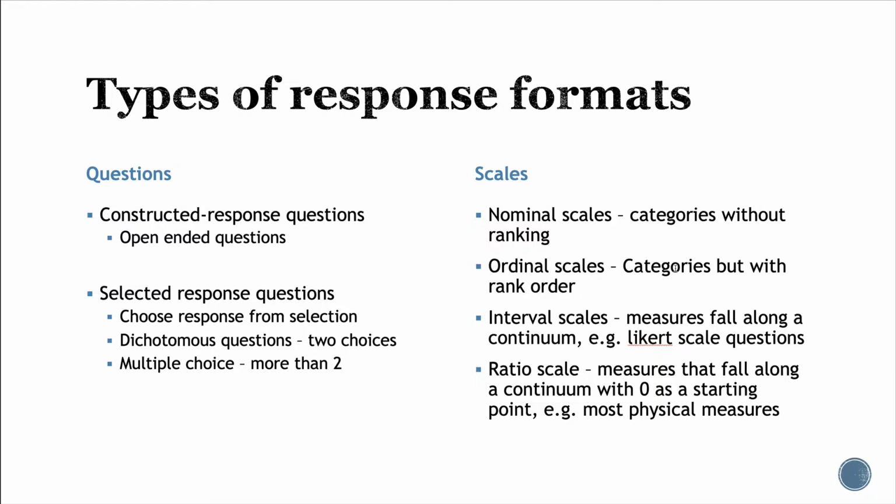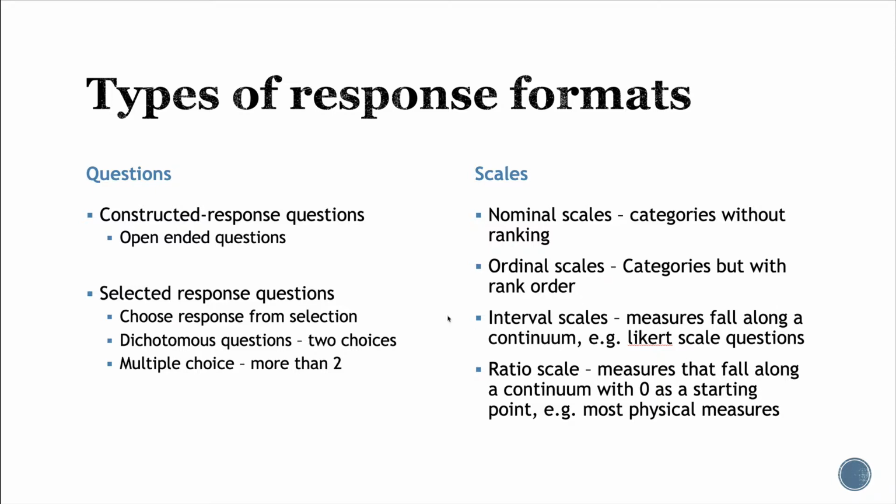So if we were to ask the person, what's the highest level of education that you have, highest level degree, a PhD would be kind of the most education, and then master's after that, then bachelor's, then high school, and then no high school. So not only are they categories, but there is a rank order in terms of how much education they've had.